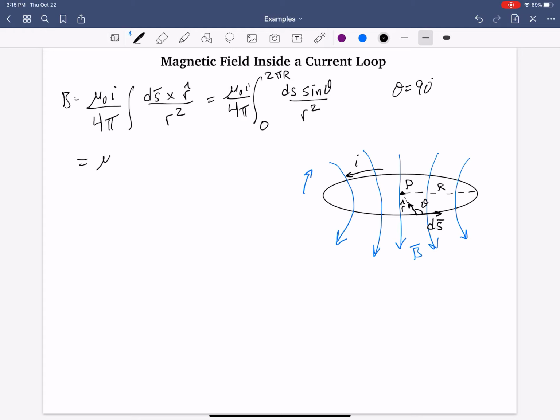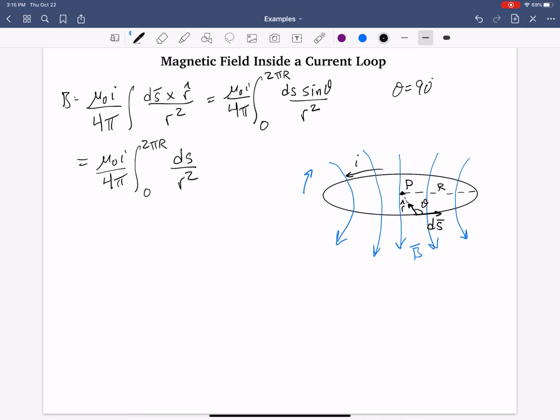And so what we have is mu naught I over 4 pi times the integral from 0 to the circumference of that circle of 1 over r squared, and we have to take the ds into account.